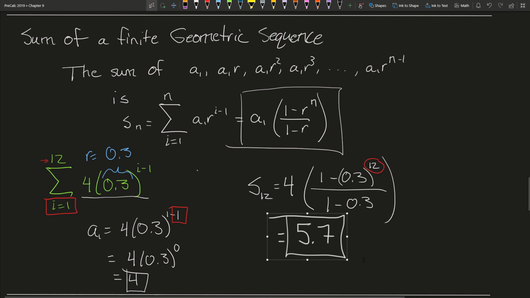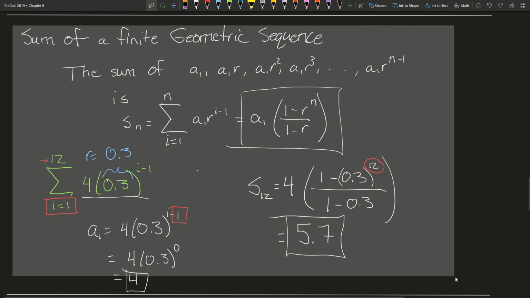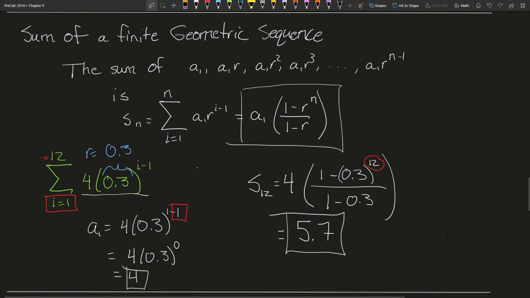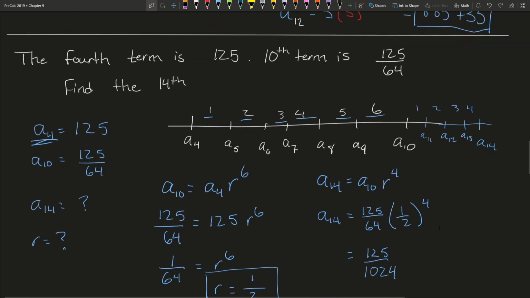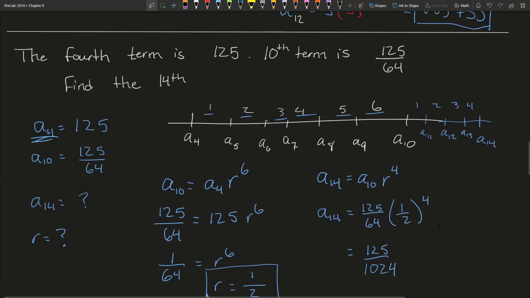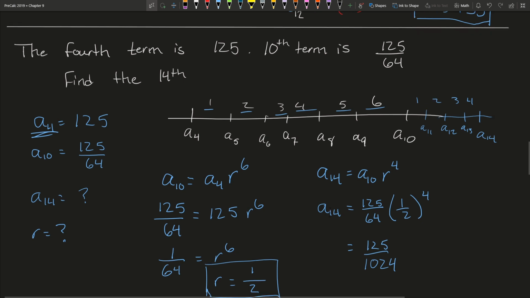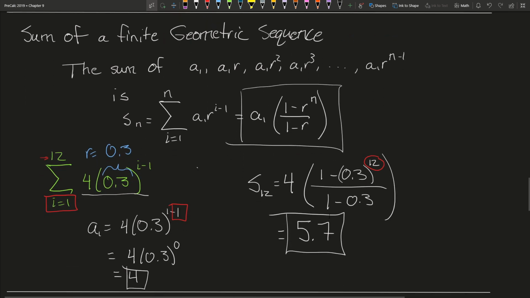Okay, so this is what I wanted to cover. Again, your homework mostly involves this. This is like a harder example, so if you don't 100% understand that, that's okay. But we do need to know what a geometric sequence is and kind of what it implies about a lot of things.